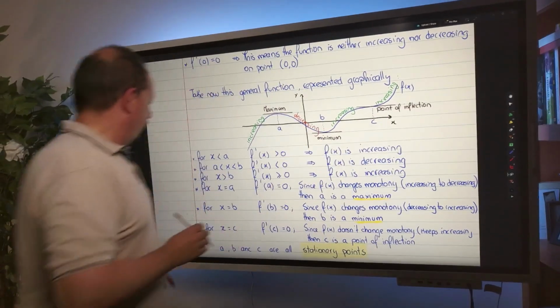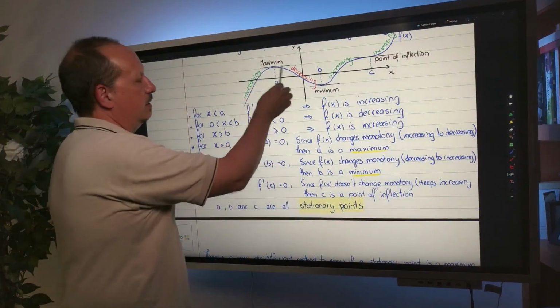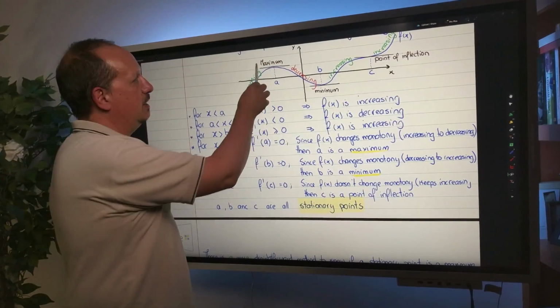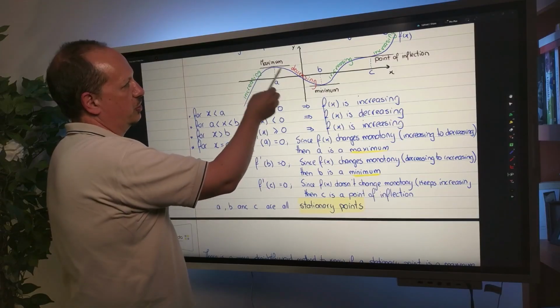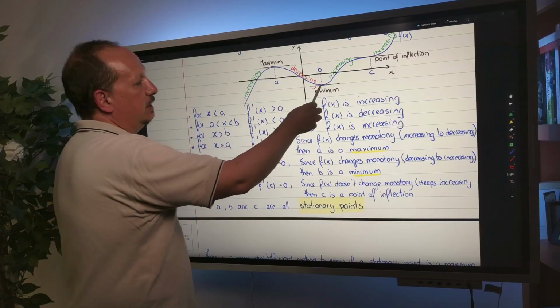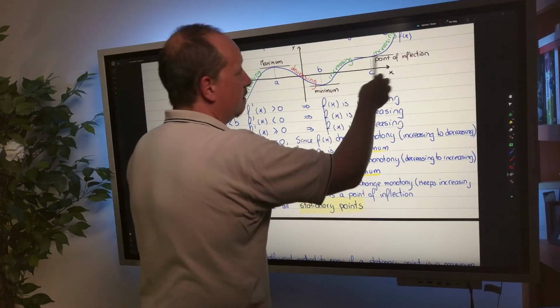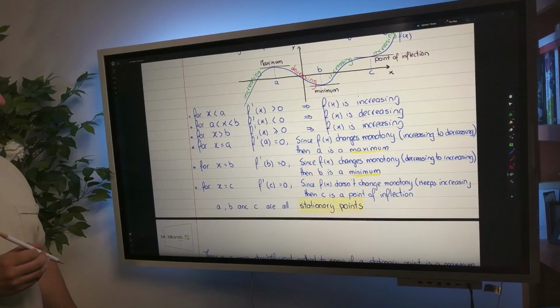okay? So, on point x equals a, this is called a maximum, the maximum point of the function, at least in this section. This is going to be a minimum point. And this is going to be called a point of inflection.